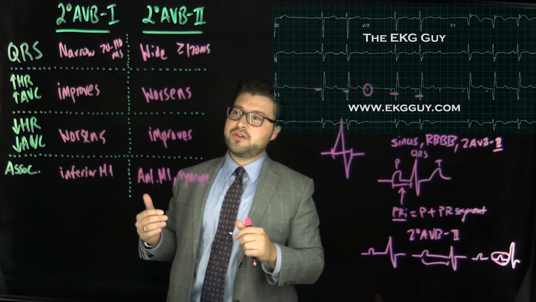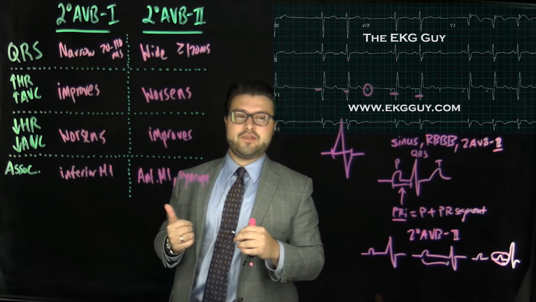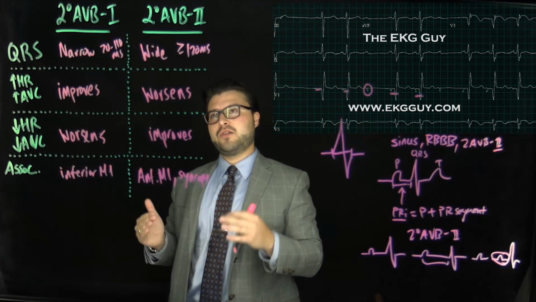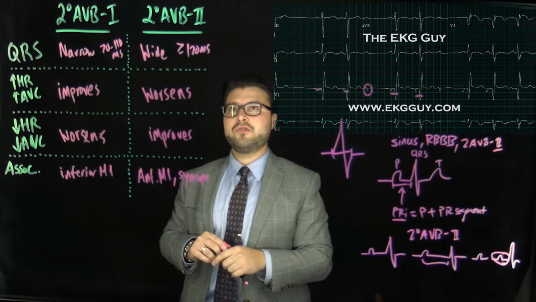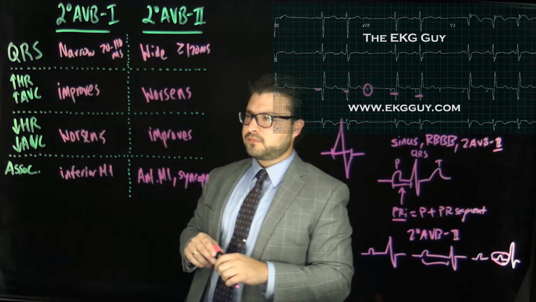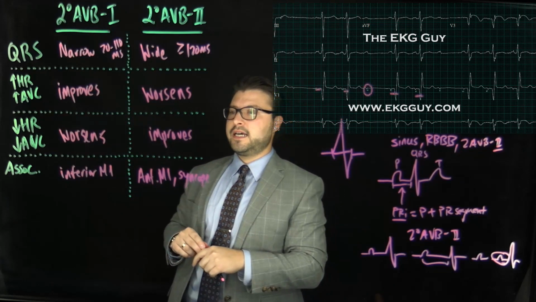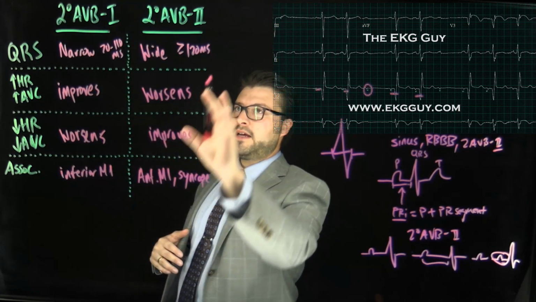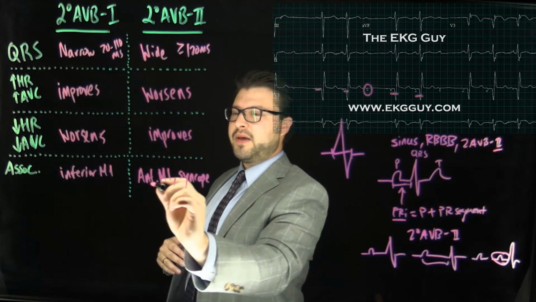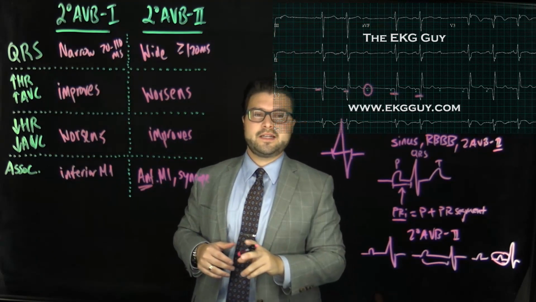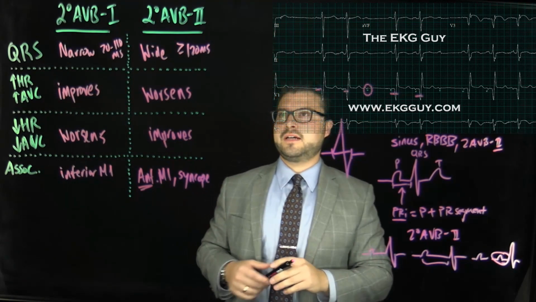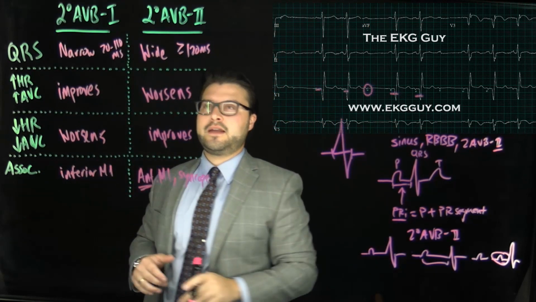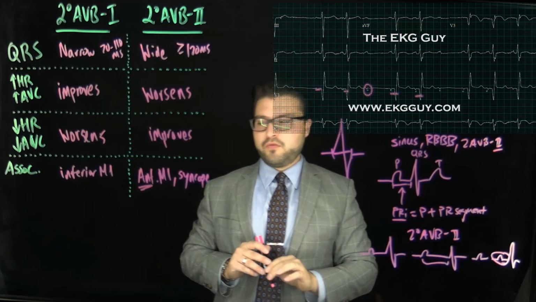Maneuvers that decrease the heart rate or AV conduction, whether it's carotid sinus massage or adenosine, can worsen Mobitz 1 but improve Mobitz type 2. And then lastly, some associated things you should think about: with Mobitz 1, inferior MI, and with Mobitz 2, a bigger territory, anterior MI, tends to be affected, and also the associated syncope is more common with Mobitz 2 than Mobitz 1. All right, so hopefully that makes sense.